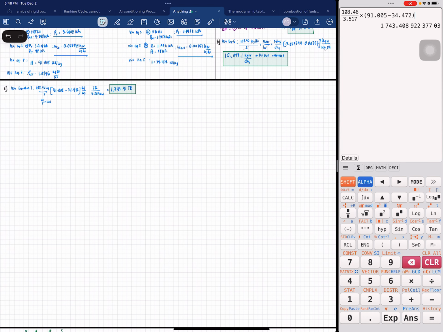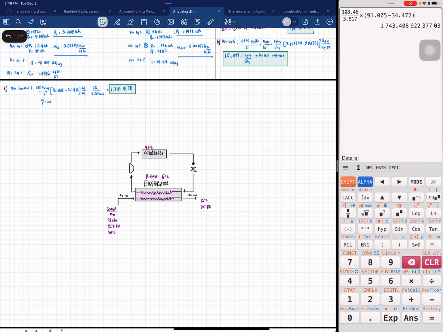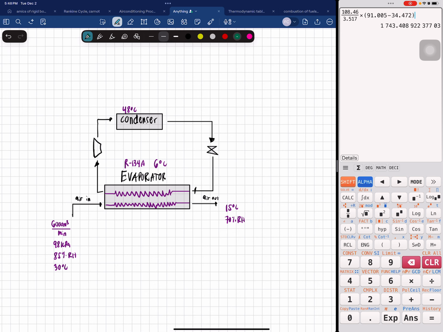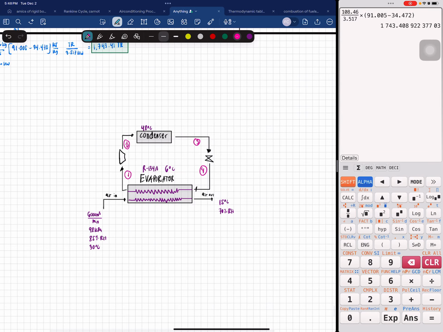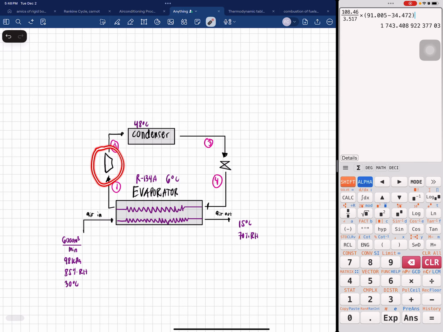So, say this is our diagram again, okay? Let's name this point 1, point 2, point 3, and point 4, okay? So, since this is a compressor and there aren't any given specific ratios, we can assume that the compressor is isentropic.